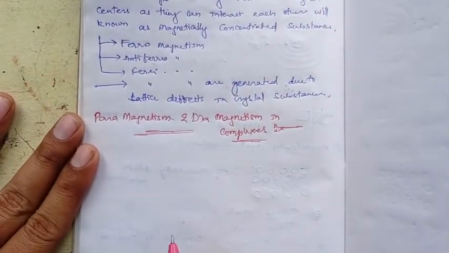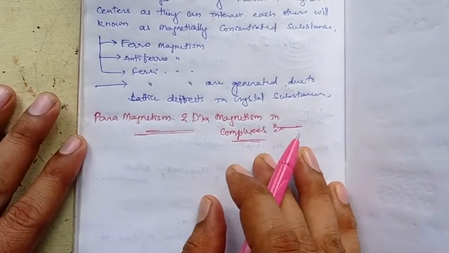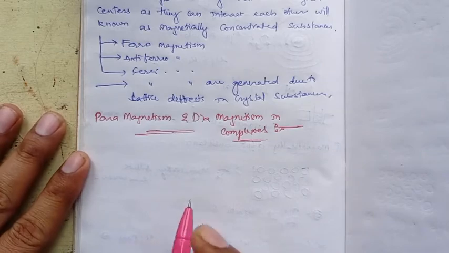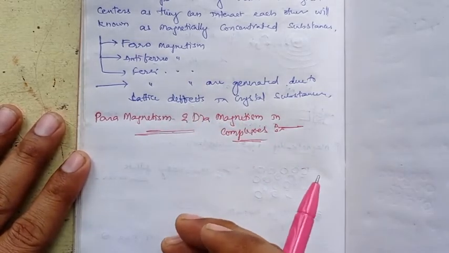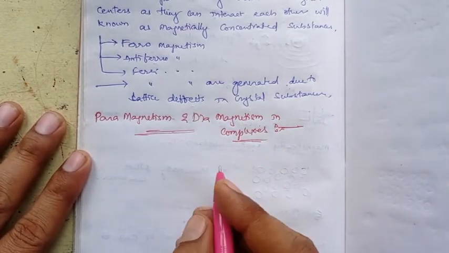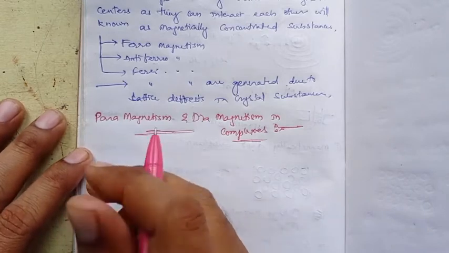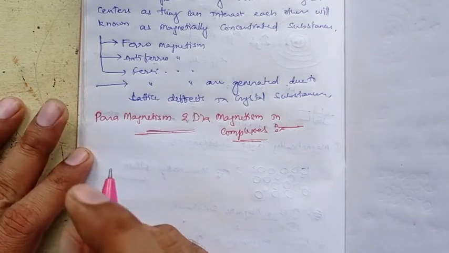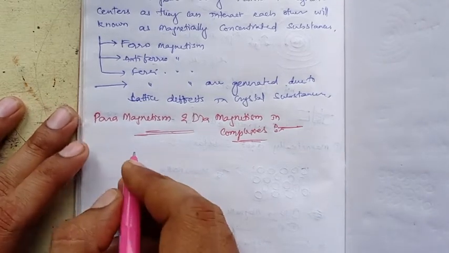This part of paramagnetism and diamagnetism may be known to you from your B.Sc knowledge. Let us repeat it again and extend it to the unknown parameters or unknown characters of the para and diamagnetic substances.